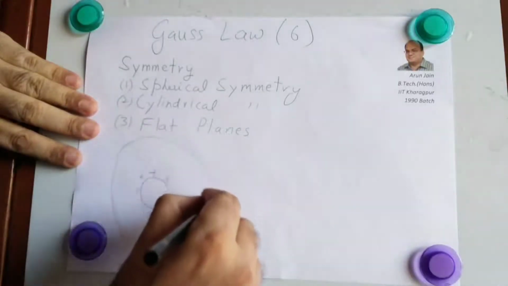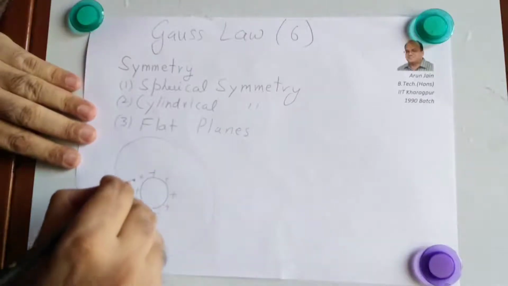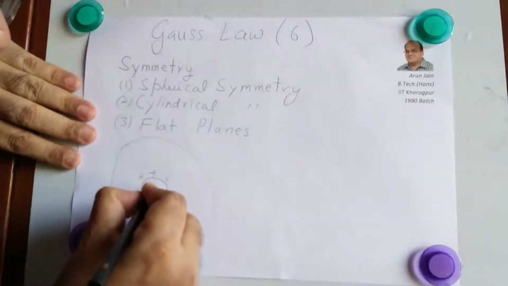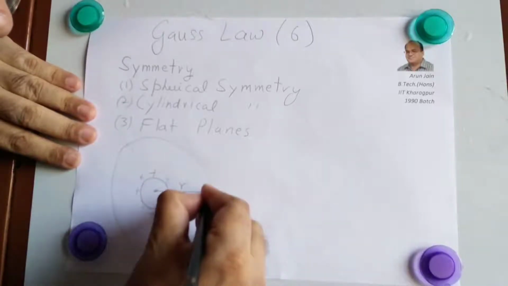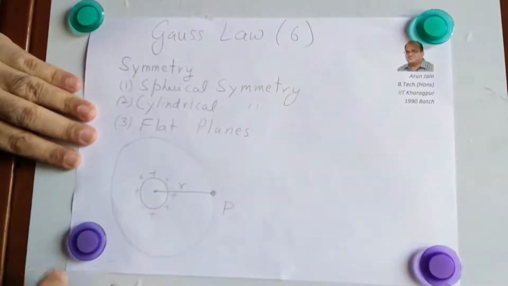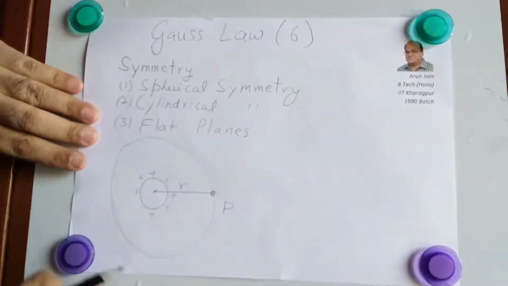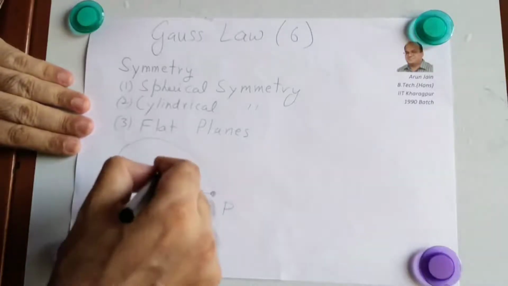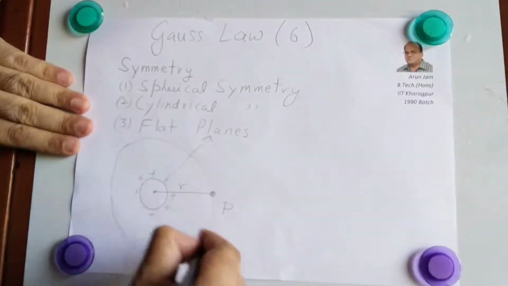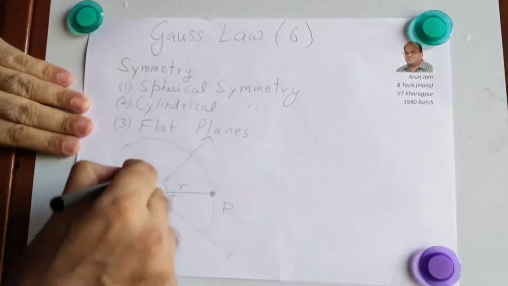So we draw a spherical Gaussian surface, symmetrical with this, with the same center. And this is at a distance r. We want to find the electric field at this point P. The same symmetry arguments that we discussed earlier are valid. At every point, electric field will be radially outwards.